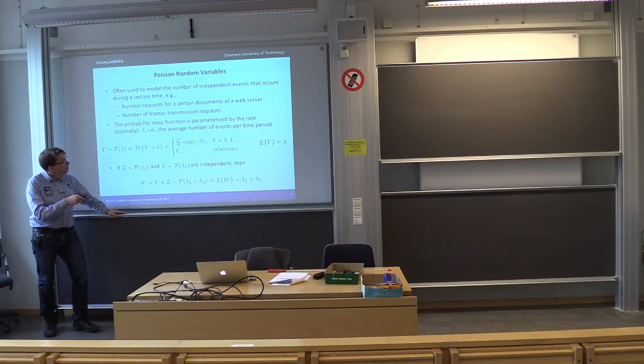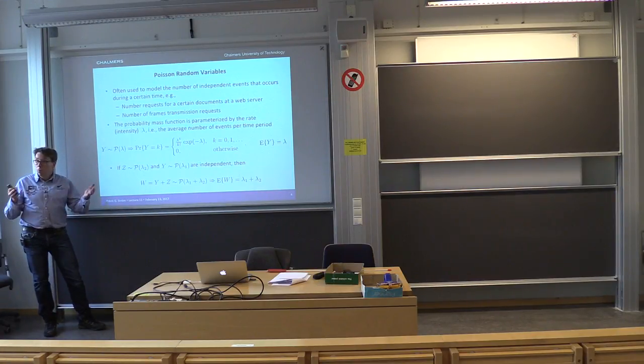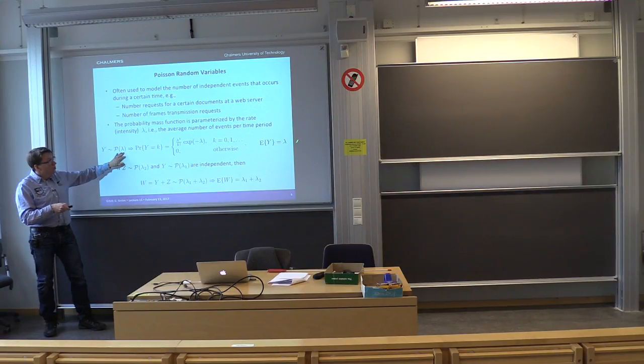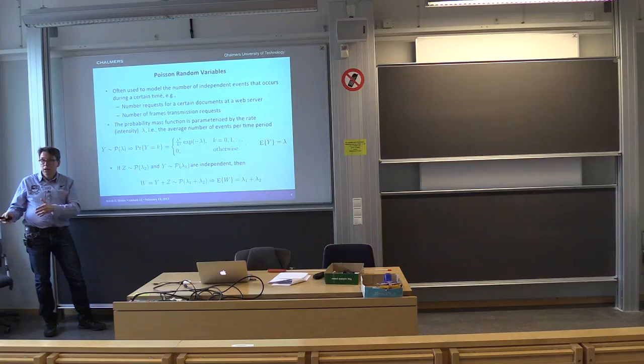This time period could be 1 second, 1 minute, 1 hour, or as we will see later on, normalized to the frame duration, the time it takes to transmit the frame, because that's convenient to us. So the intensity lambda here could be frames per second, frames per minute, or frames per frame duration, that is, number of new frames we get per frame duration. And the frame duration could be a couple of milliseconds maybe, depending on the data rates and so forth.